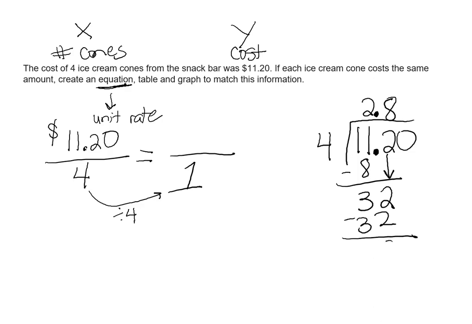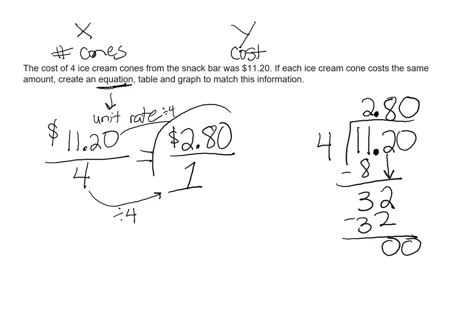Subtract 32, I get 0. I can bring down the next 0 to see that 4 goes into 0 0 times. So when I divide the top and the bottom by 4, my cost per ice cream cone is $2.80.